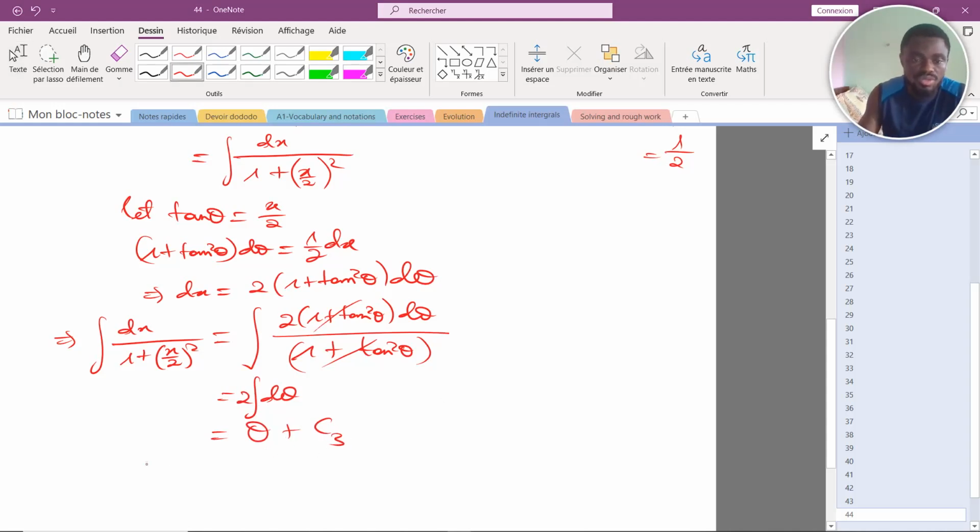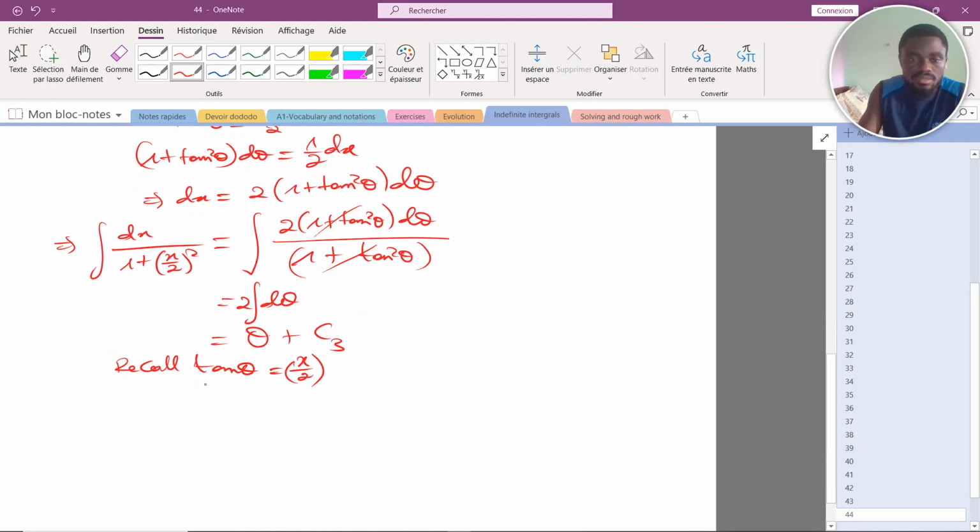But recall that our tan theta was equal to what? x over 2. So this simply implies theta will be equal to arctan of x over 2.